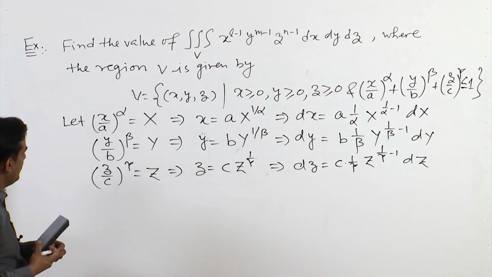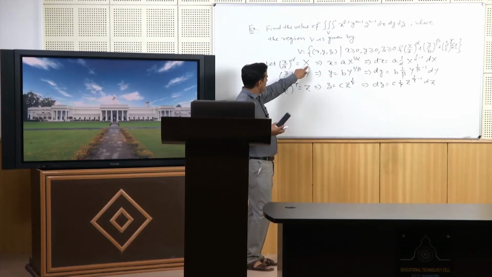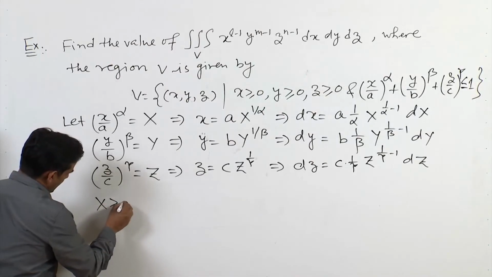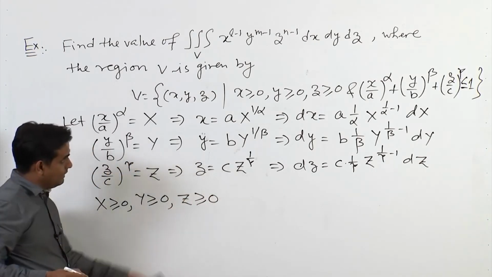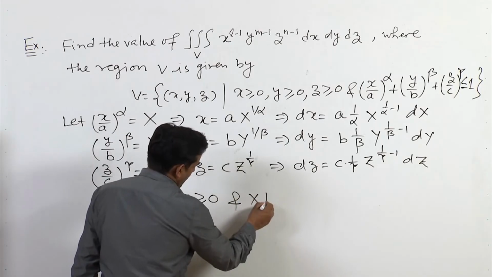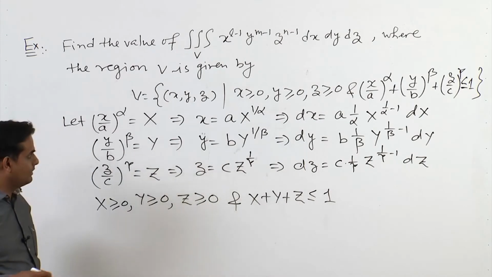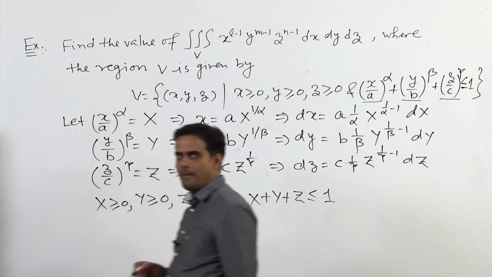Now, since a, alpha, b, beta, c, gamma are all positive, it means capital X is greater than or equal to 0, capital Y is greater than or equal to 0, and capital Z is also greater than or equal to 0. So, my new region will become capital X greater than 0, capital Y greater than 0, capital Z greater than 0, and X plus Y plus Z is less than or equal to 1, because this is my capital X, this is capital Y, this is capital Z.